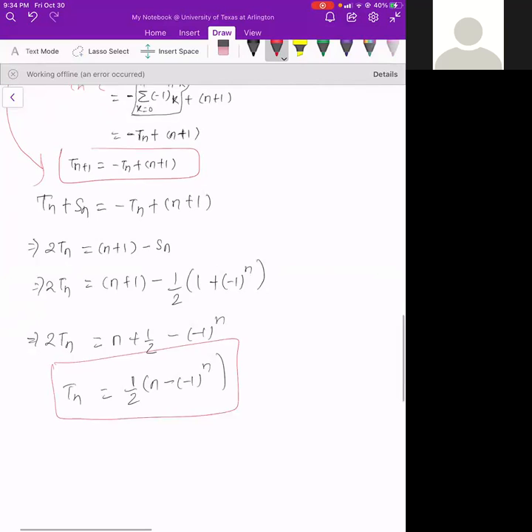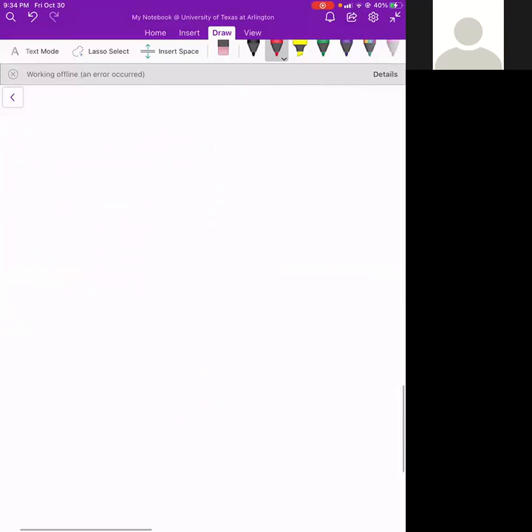Now let's move on to calculating our third sum, that is Un equals the summation from k equals 0 to n of minus 1 to the power n minus k times k squared. We will do the same thing that we did before.